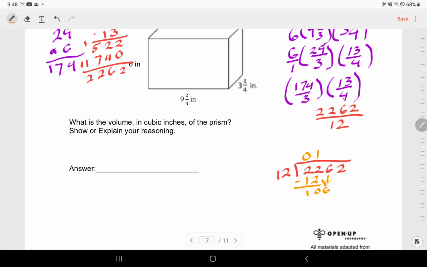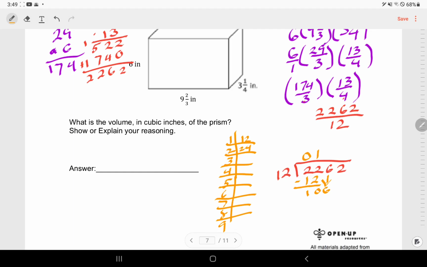12 into 106. Well, this is where I showed you earlier this year. 1 is 12. 2 is 24. Make a table. 3, 4, 5, 6, 7, 8, 9.